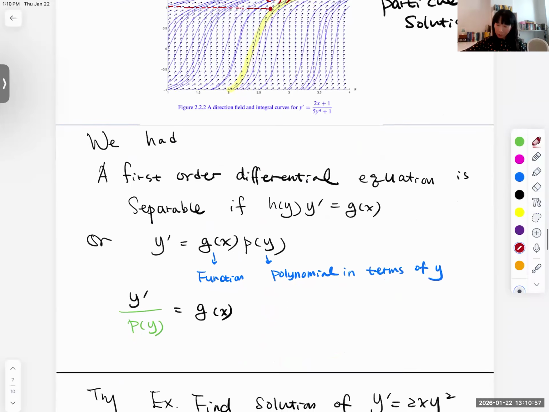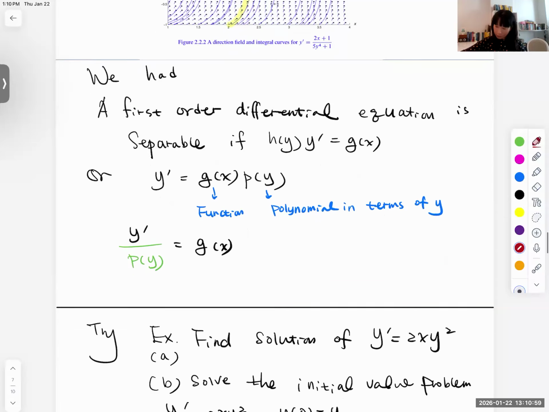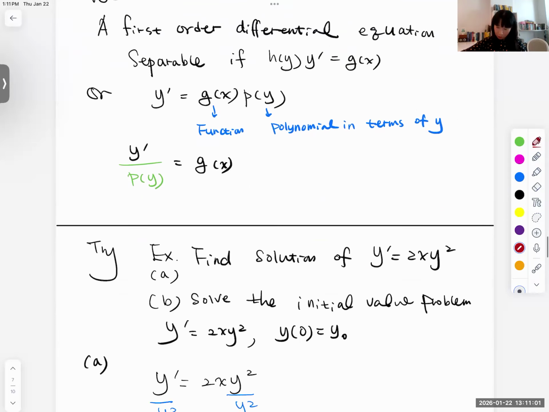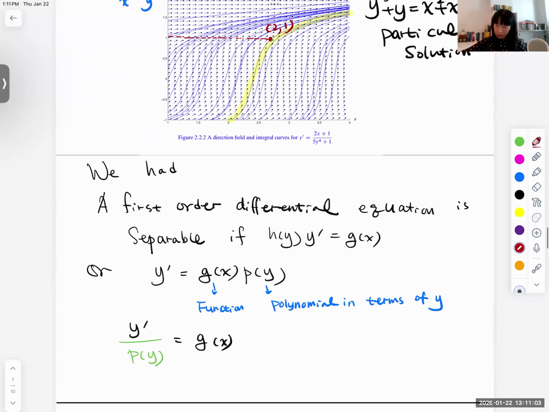All right. So before we do that, we have one question. We had a first order separable differential equation, so we have y prime equal to a function in terms of x.